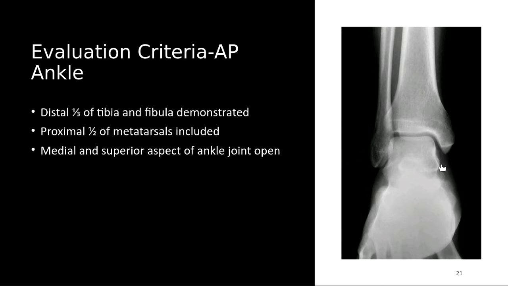And notice this, the way that looks is perfectly fine because you've got the entire foot up there. So this is cloudy or obscured. And then marker placement, ideally, would be over here. And you would have your right. Okay, so good AP ankle.